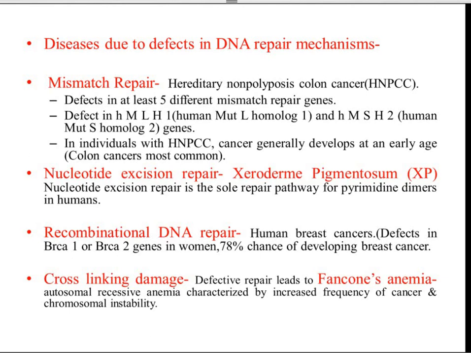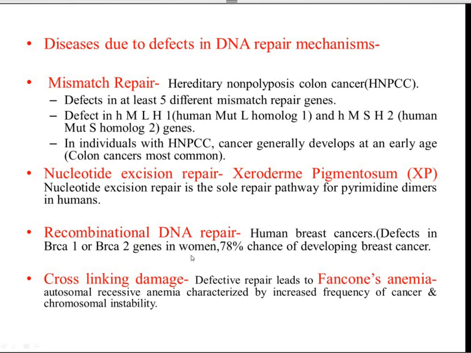One such disease is extreme sensitivity to exposure to X-rays, which is an autosomal recessive disease called ataxia-telangiectasia, discussed earlier. Then, whenever there is a defect in recombinational DNA repair, it will result in development of breast cancer, where the defect is in the breast cancer 1 gene of women.